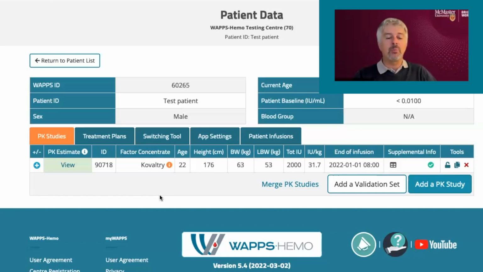That estimate is not perfect, but it is much closer to what the reality will be than just assuming that the patient will have the half-life that is on the product box, on the leaflet in the product package.